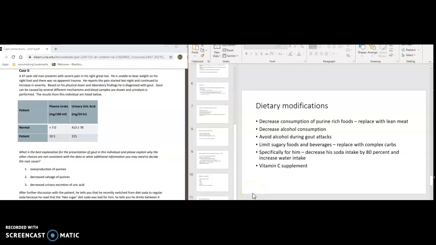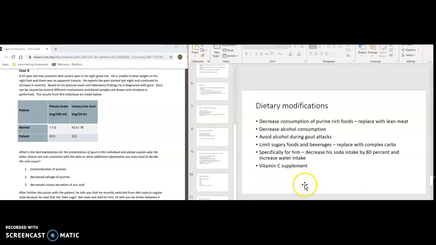So decreasing simple sugars in those drinks and replacing them with complex carbohydrates by eating whole grain pasta and all of the other delicious foods. Again, the easiest modification would be swapping his case of soda a day for even decreasing it to 1 to 3 cans a day and replacing the rest with water.